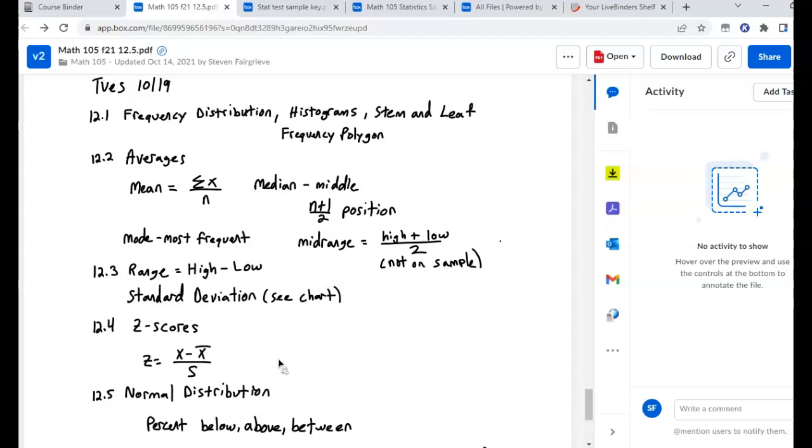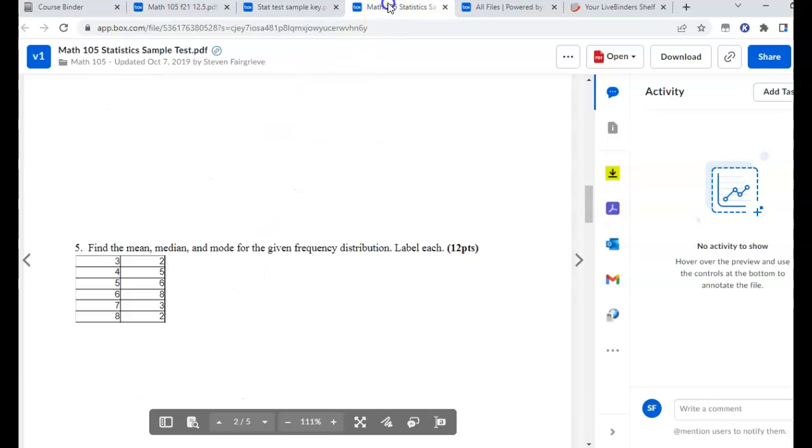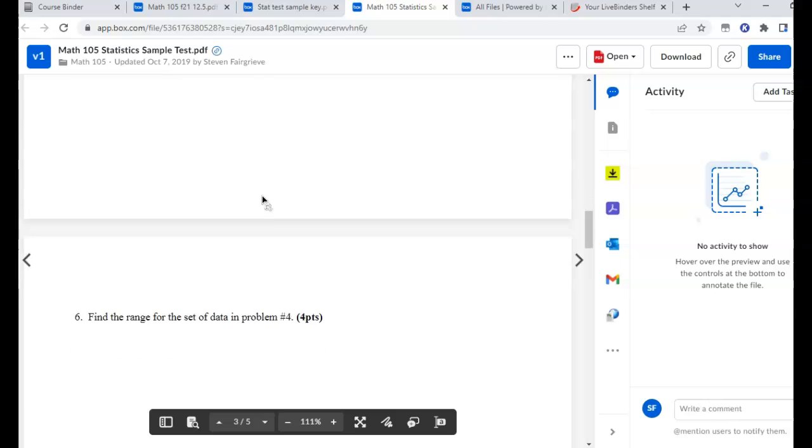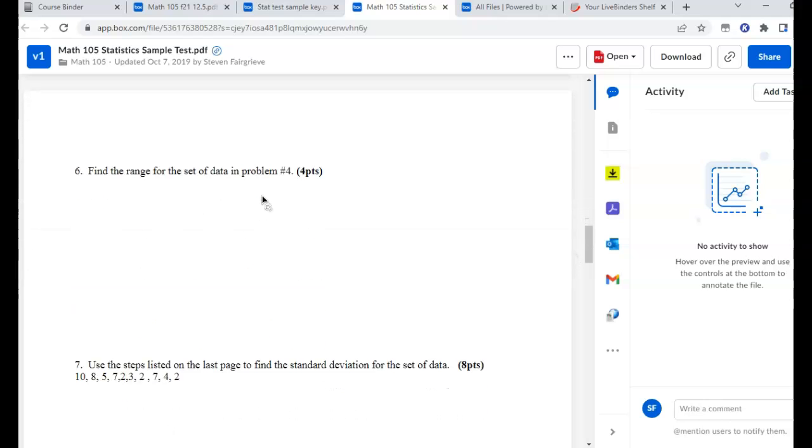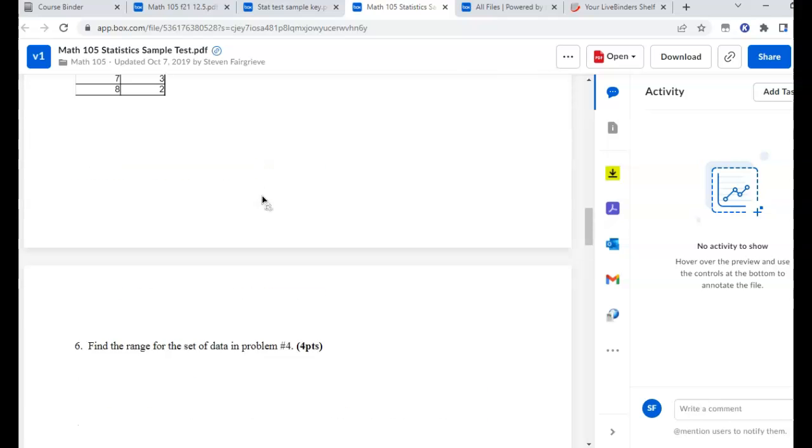You will be asked to do a standard deviation. Standard deviation. So there's a chart process that we set up, and I'll point that out to you again on the sample test here in a moment. So as we scroll on, there's a simple question. Go back to the data from problem number 4.